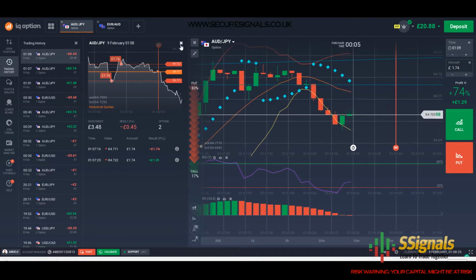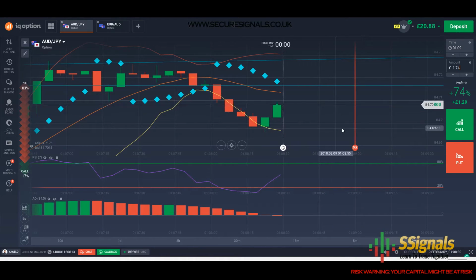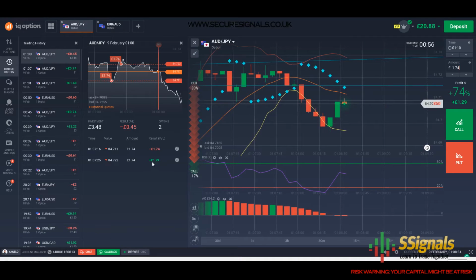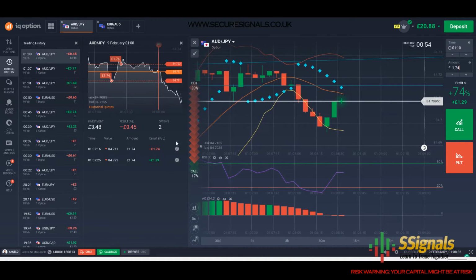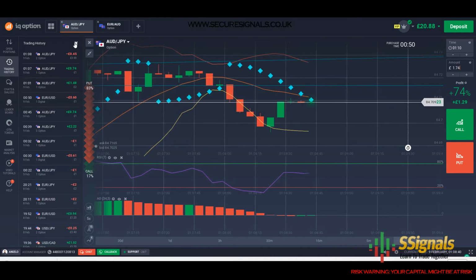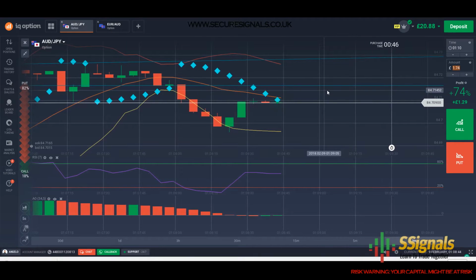I'm gonna just consider this as a draw. Yeah, you got ITM, that's great. So really the balance should now be basically £1.29 above this. So let's now go for the next compound.